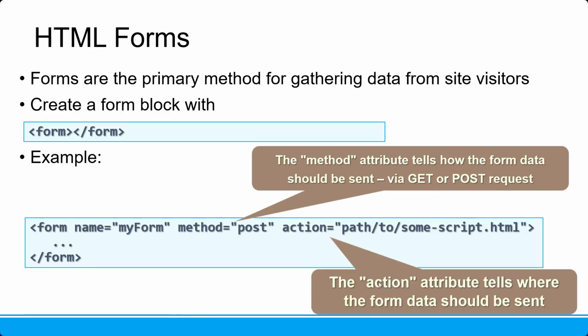Action means the attribute tells where the form data should be sent. So we can send to one HTML file, or we can send to, for example, the backend, or for example, we can send to the JavaScript and so on. So it is about the file that we want to connect for the data sending.